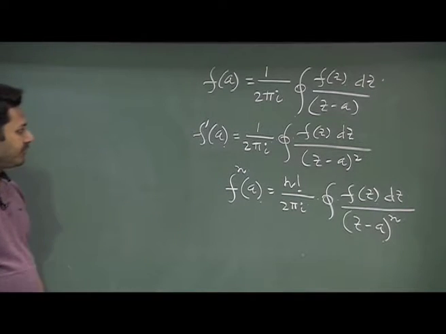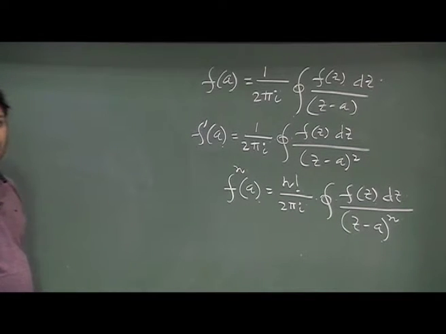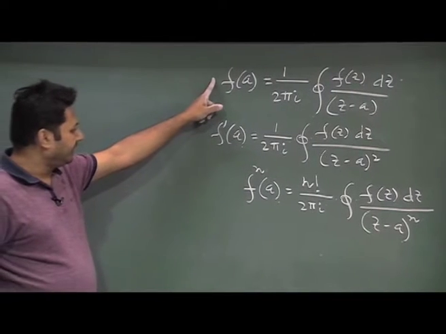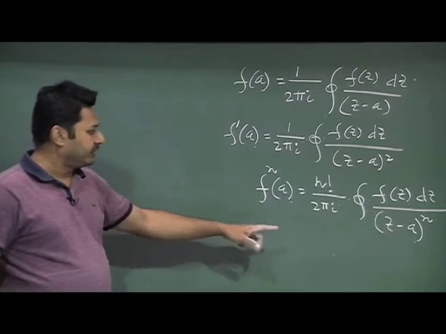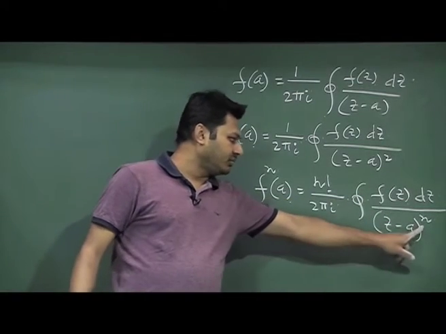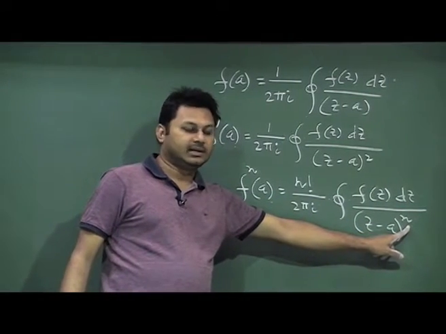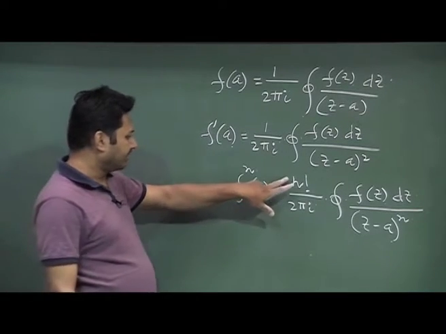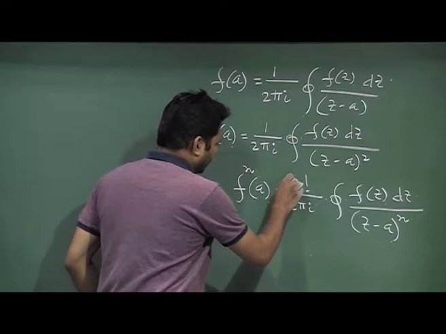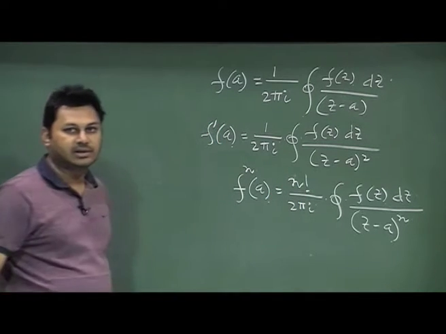So, two very important expressions are now in our hand: one is f a and another is f n a. If my functional form is something like this, where we have some kind of power sitting here, then I will use this expression. This is factorial n, so it looks like this. So, let me change it.